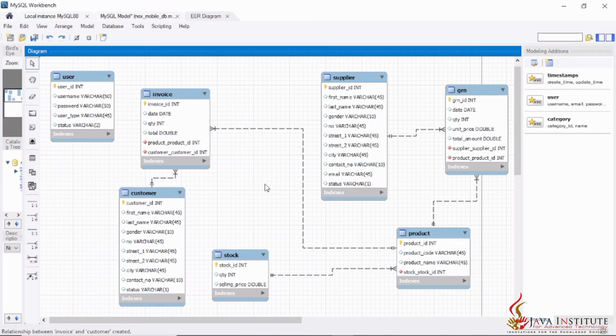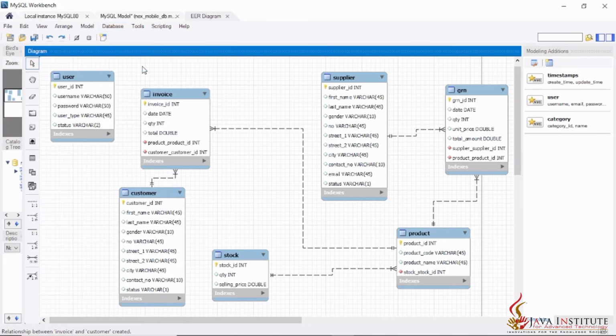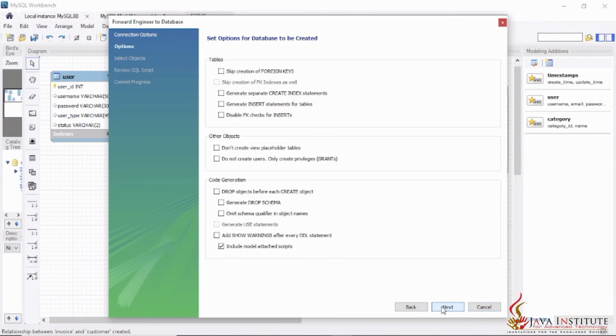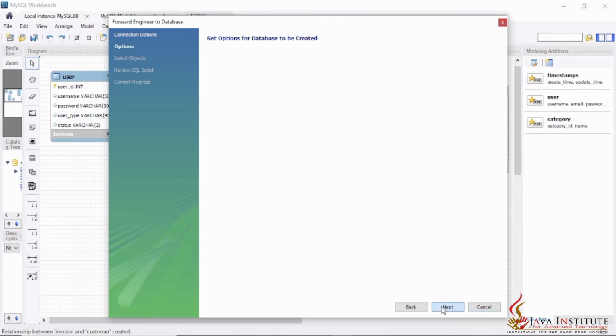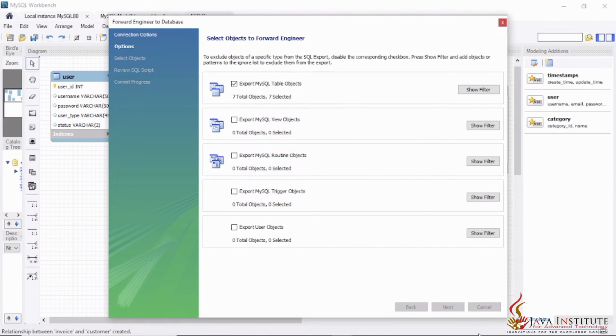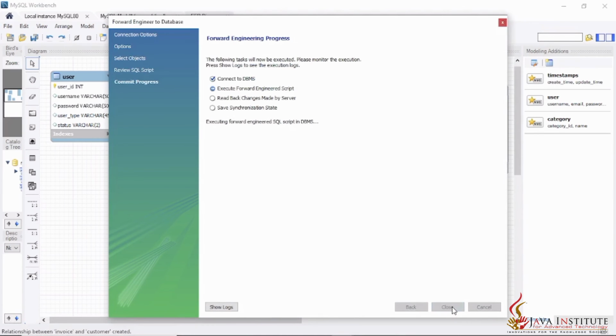So at last, let's forward engineer this model and let's see how these tables appear in my local instance also. I'm clicking next, then it says password is required, and click OK, then next, and again next.